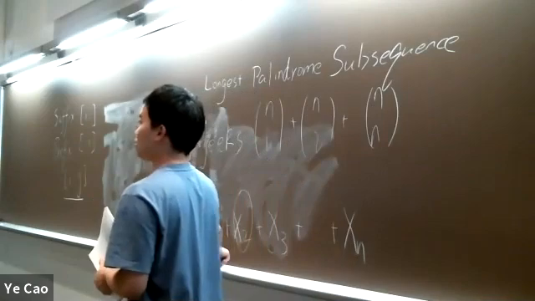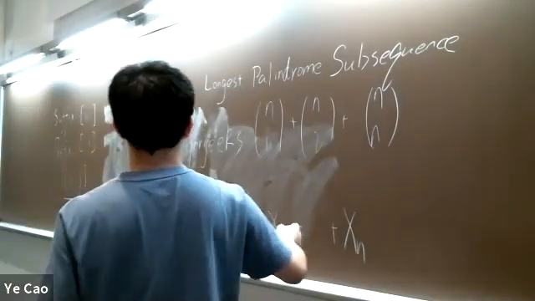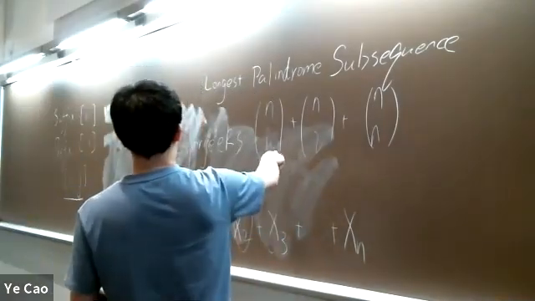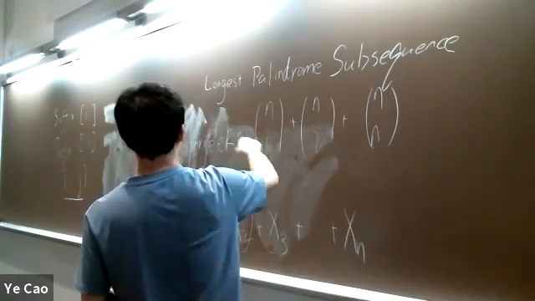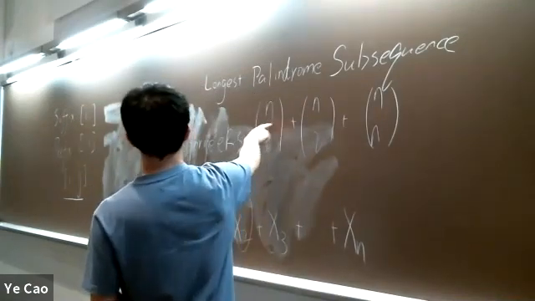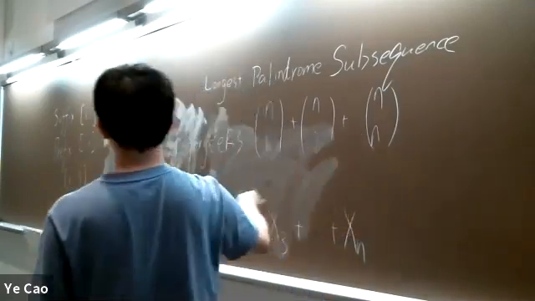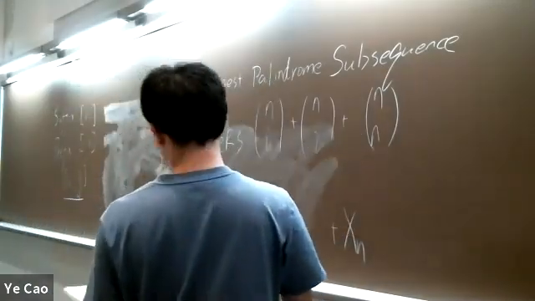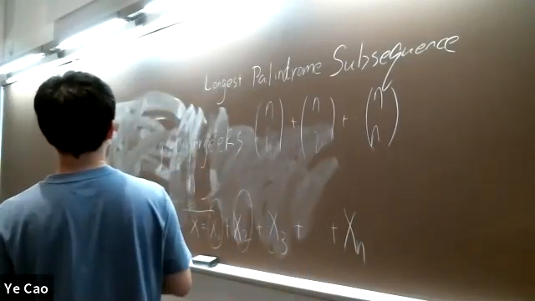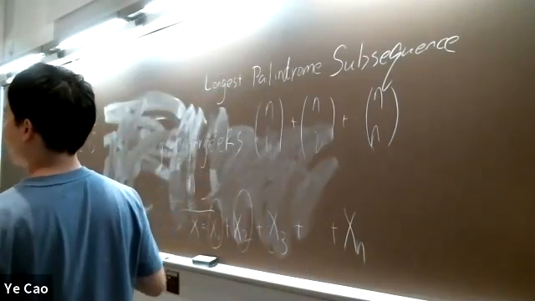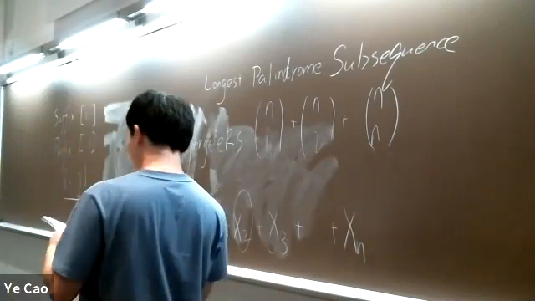So only for x1, that's all the possible cases: you can pick a string of length 1, all the way to the whole string. So it's actually quite a lot. This is definitely not the optimal solution for this problem.